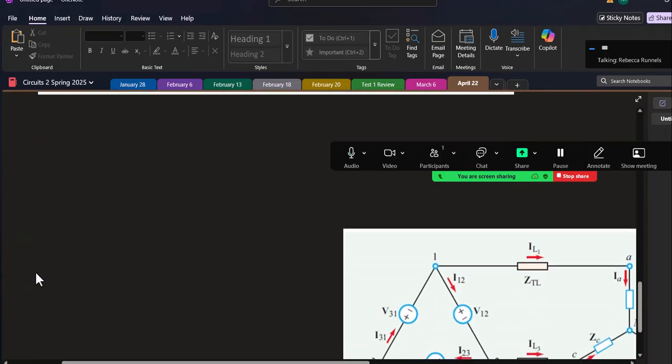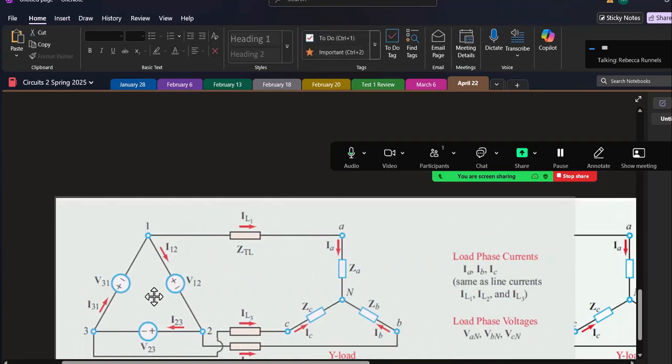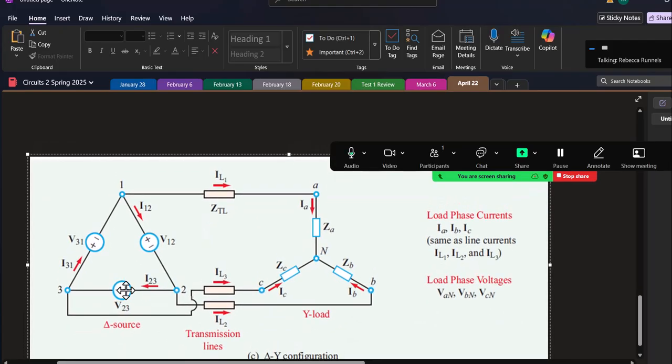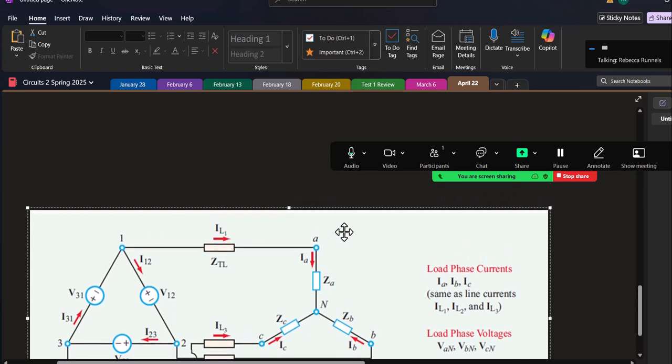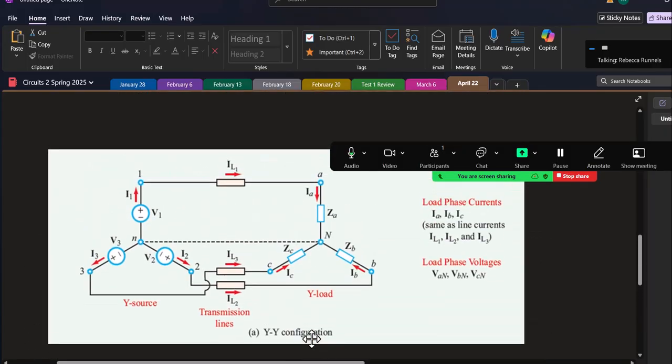But if I had a delta source, my nodes are still 1, 2, and 3. This is just convention. Now in your load, your nodes are A, B, and C. And then you'd use a capital N for the neutral node for a Y load, a lowercase n for the neutral node for the source.